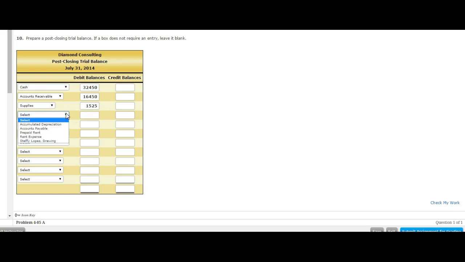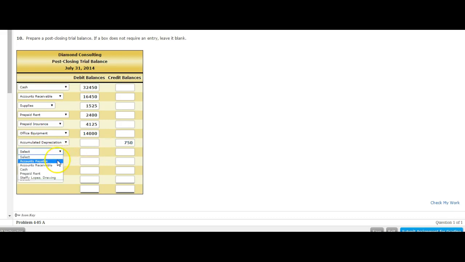Next thing is prepaid rent of 2,400. This is right off your balance sheet. And prepaid insurance. What's my prepaid? 41,250. I think our next one is equipment, 14,000. Then you should have accumulated depreciation of 750.